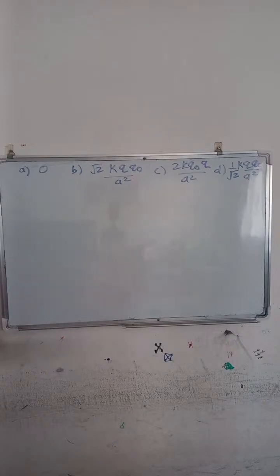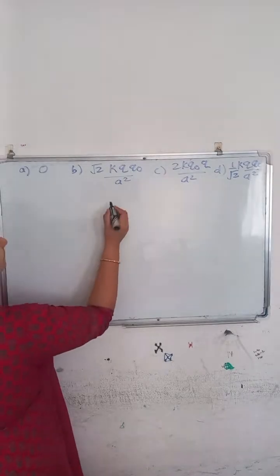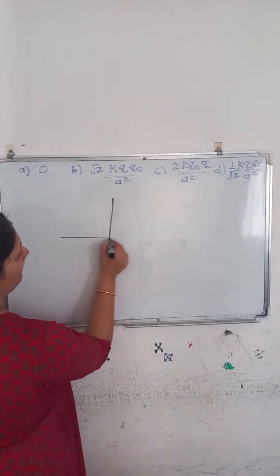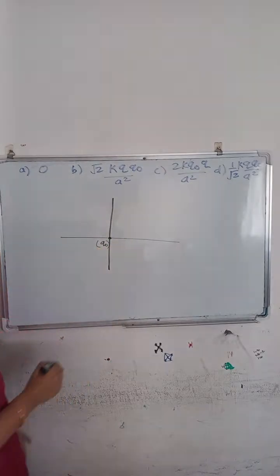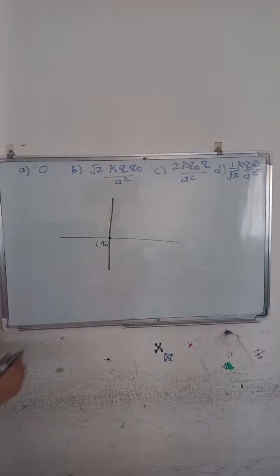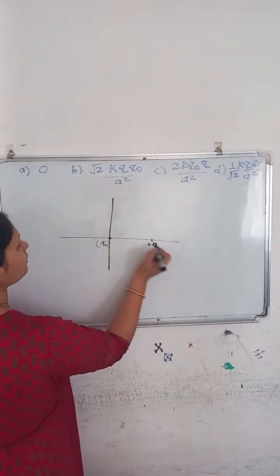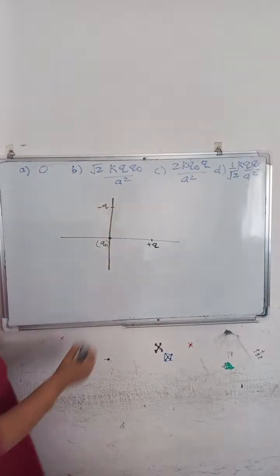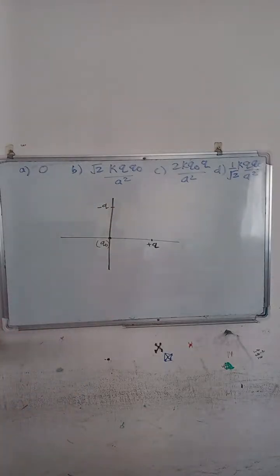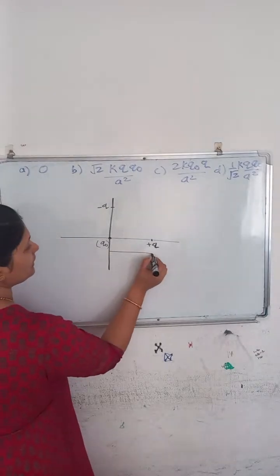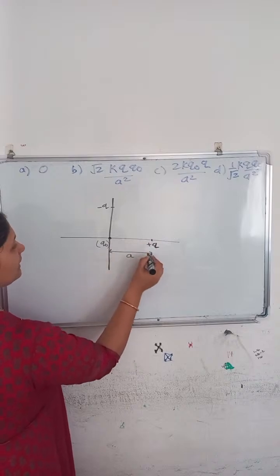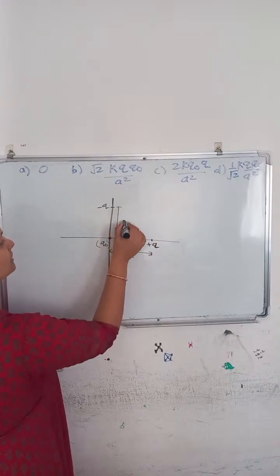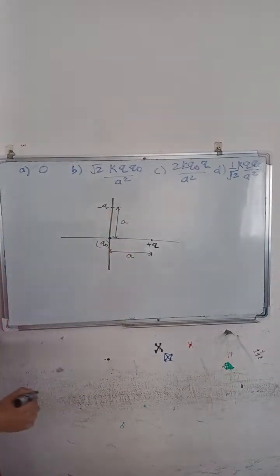I will draw the diagram also. This is the origin where Q naught, that is the test charge, is kept. And we have positive Q here, and here they kept a negative Q. The distance from Q to the origin is A, and the distance from minus Q to the origin is also A. Both distances are the same.